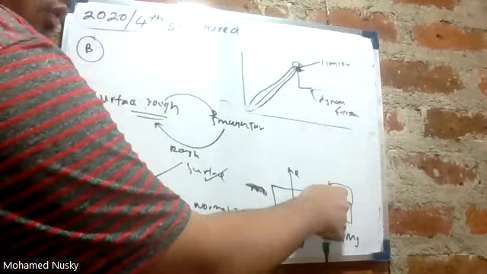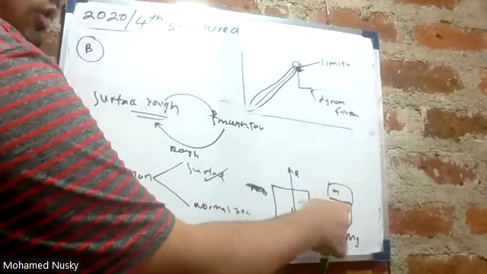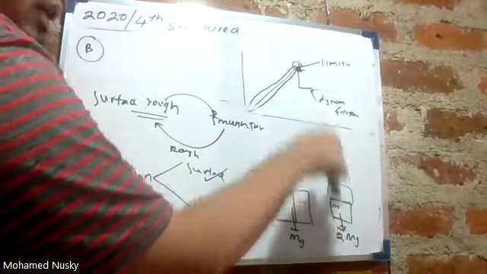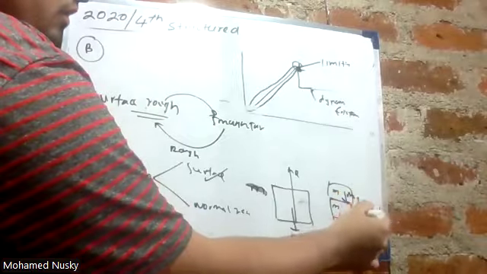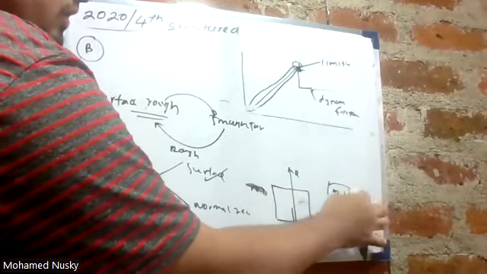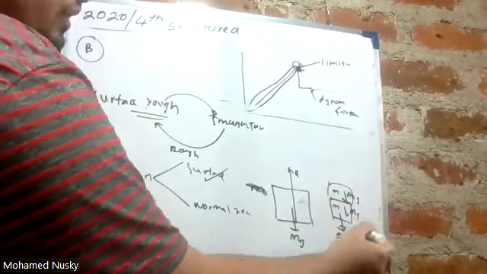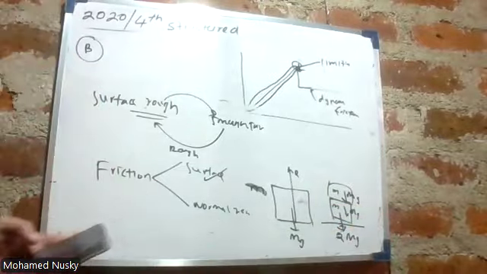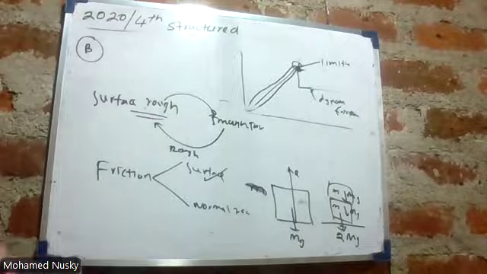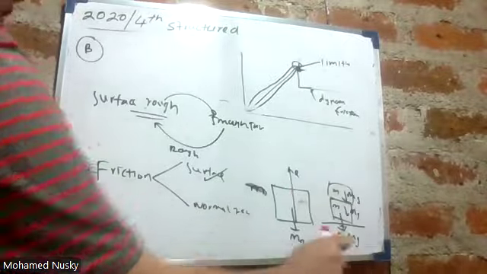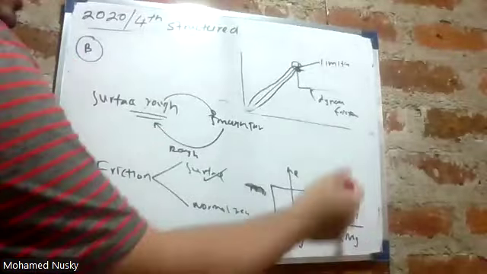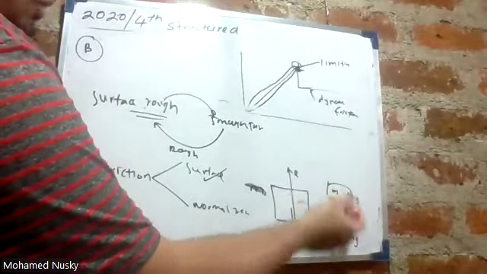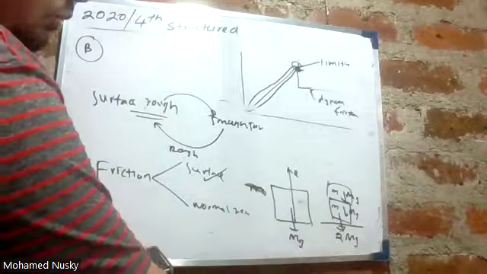Because of this, there will be a weight mg in the downward direction. Therefore, this mg and this mg will create 2 mg on the surface. Both the boxes will give a 2 mg force in the downward direction. What will this force do? It is exerting 2 mg on the surface in the downward direction.